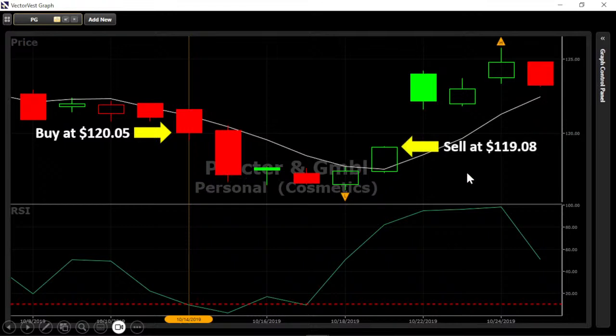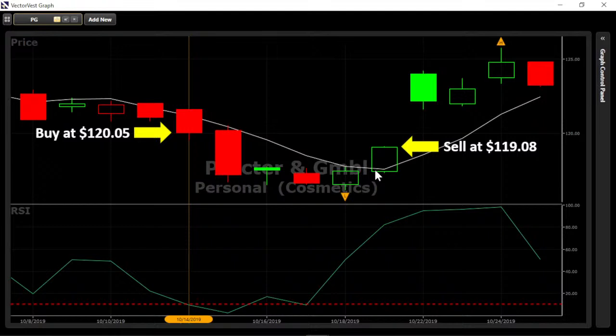But here is when it finally closes above the 5-day moving average. And that price is 119.08. So we sell this trade at a loss. It's not a stop loss necessarily, in the traditional sense, but we close it near the close of the day at a loss.